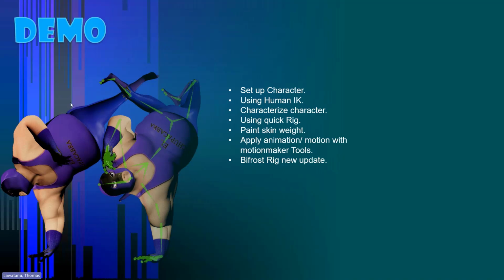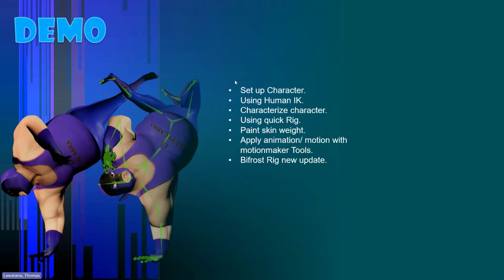That's why in this demo I'm using this character from the Mixamo website. Mixamo is by Adobe, and I deleted the rig for a while because we need to demo the setup of Human IK inside this character.